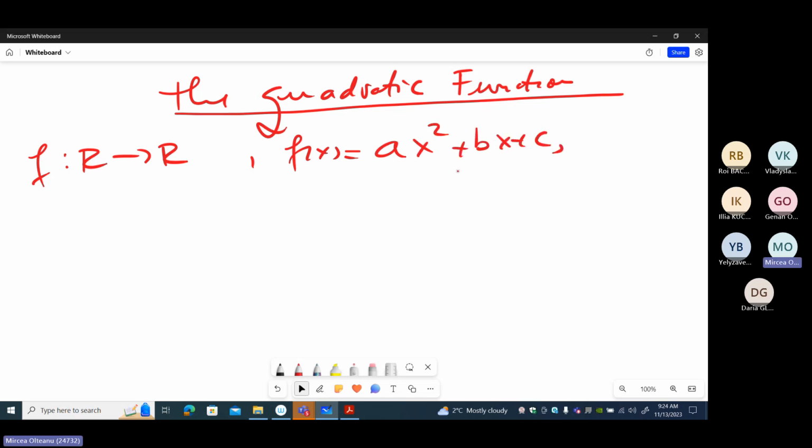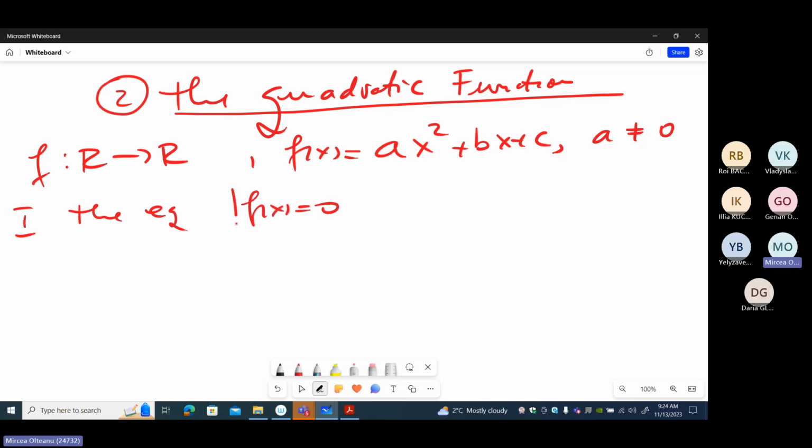A, b, c are numbers, and a is not 0, of course. What questions do we have? The same questions as before: the equation f of x equals 0, the sign, and the graph.